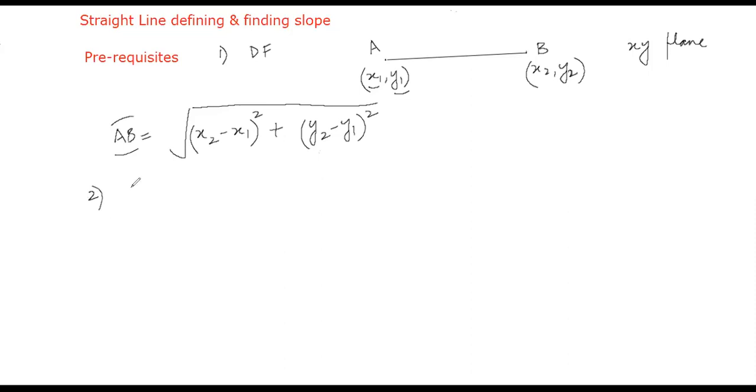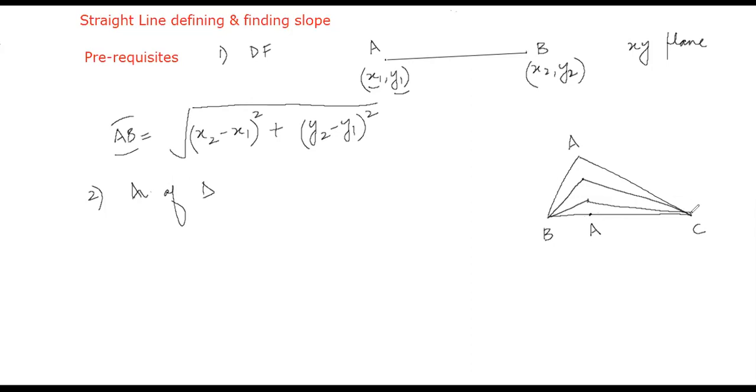The second one, area of triangle. Now, let's imagine a triangle ABC with A, B, and C as its vertices. Students, as A comes closer and closer to BC, the area of the triangle keeps decreasing to the extent that if A falls on BC, meaning A is on BC, then the triangle no longer exists.